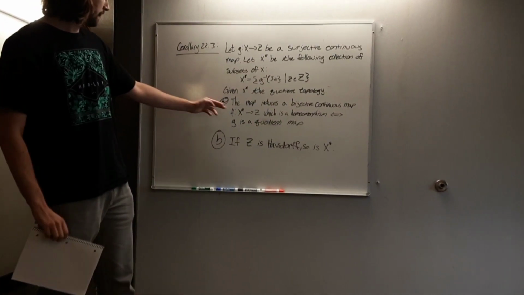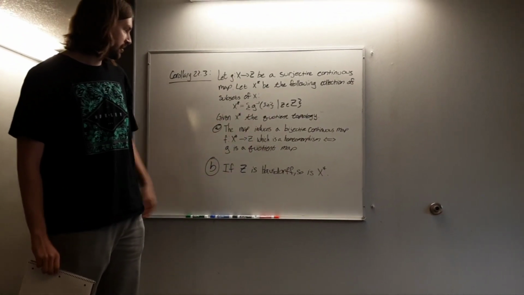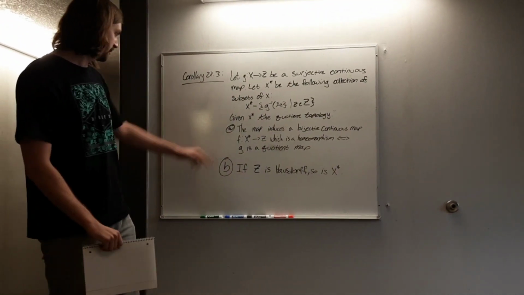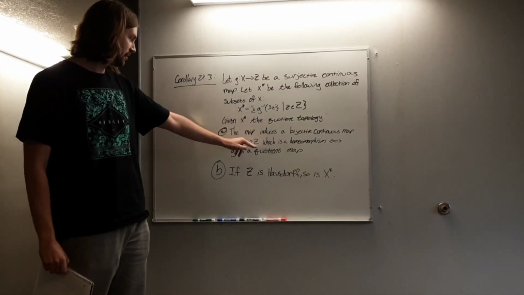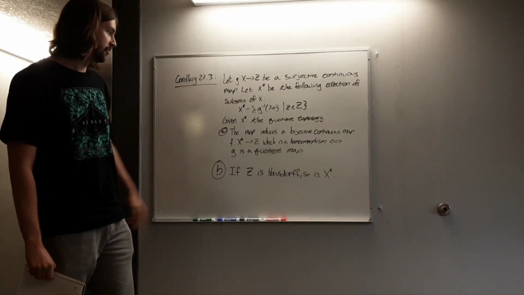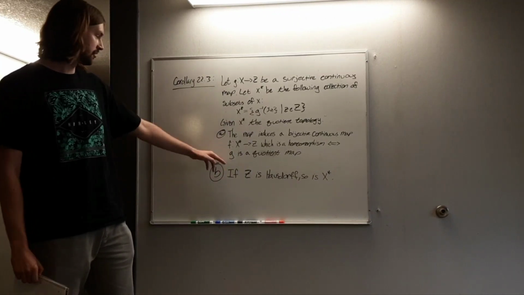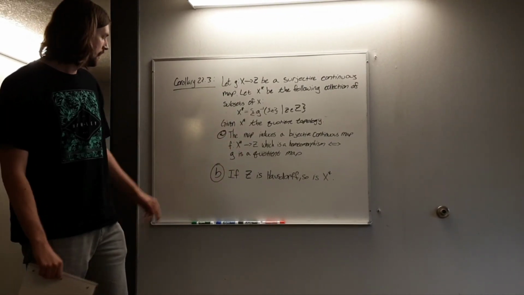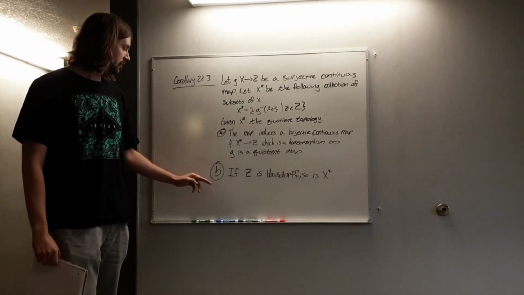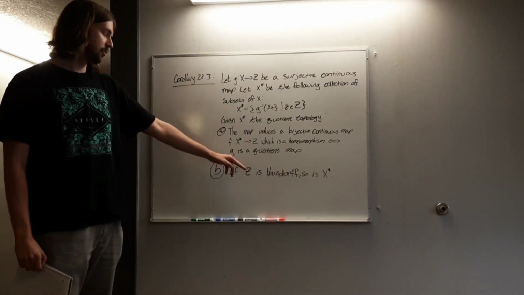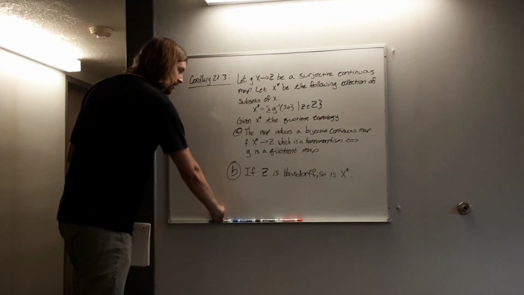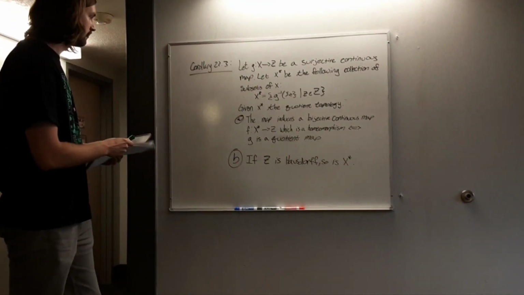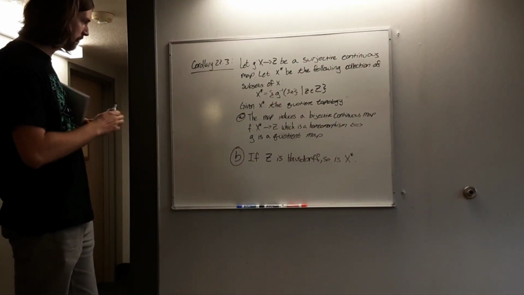That's part A. The map induces a bijective continuous map F from the partition of X to Z, which is a homeomorphism if and only if G is also a quotient map. And part B says that if Z is Hausdorff, so is the partition of X.